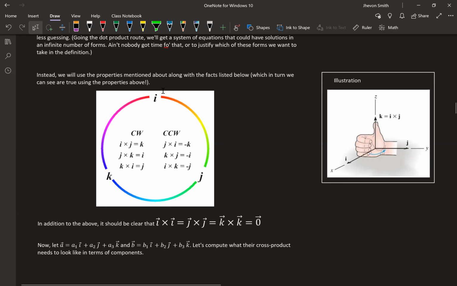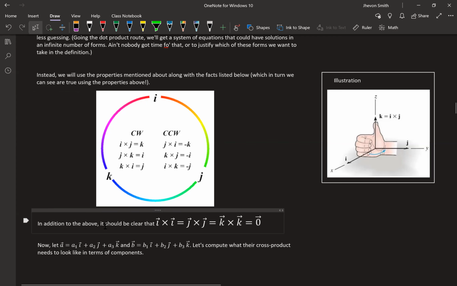For example, i cross j would give me k, j cross k would give me i, k cross i would give me j. Together, the negative ones go around counterclockwise. So for example, k cross j would give me minus i, i cross k would give me minus j, j cross i would give me minus k, right? So we can figure out these relationships here.